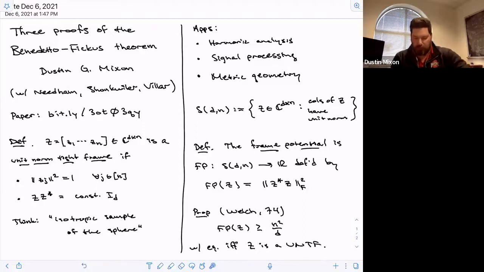So Welch tells us that the frame potential is at least some fixed quantity determined by our parameters, D and N. And equality in this bound is achieved precisely when Z, our matrix, is a unit norm tight frame.